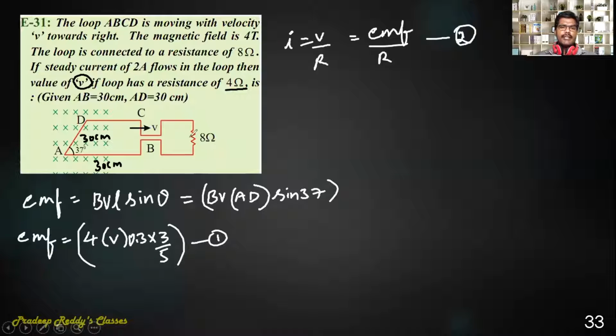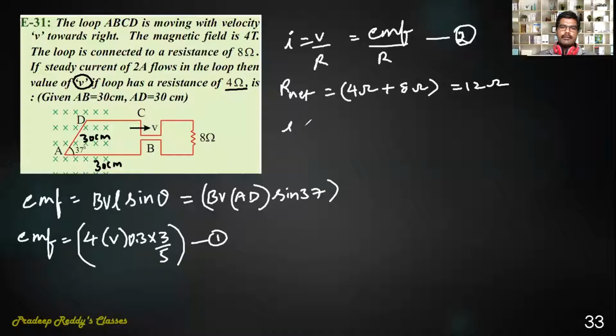The 8 ohm is the resistance connected externally, and the loop also has some resistance, 4 ohm. Therefore, R net will be 4 ohm plus 8 ohm, both connected in series, which is 12 ohm. That is the net resistance that I need to substitute here.